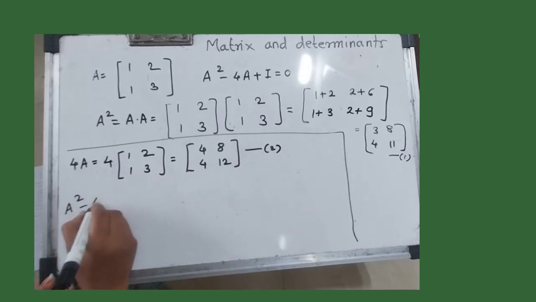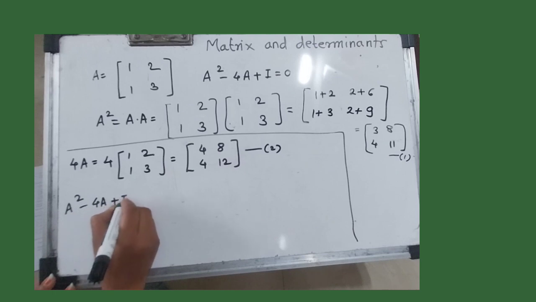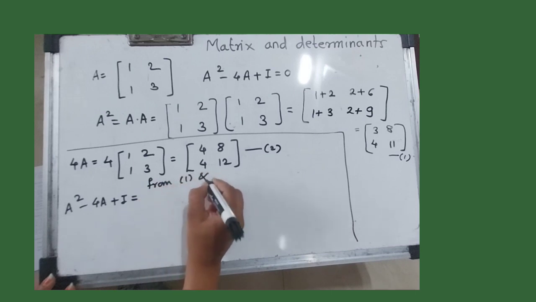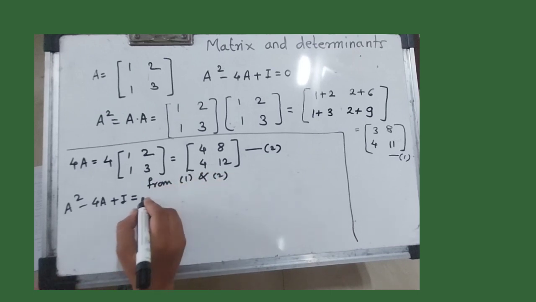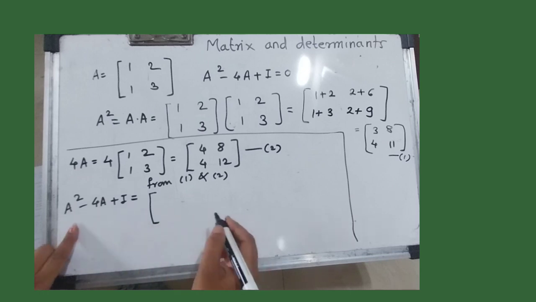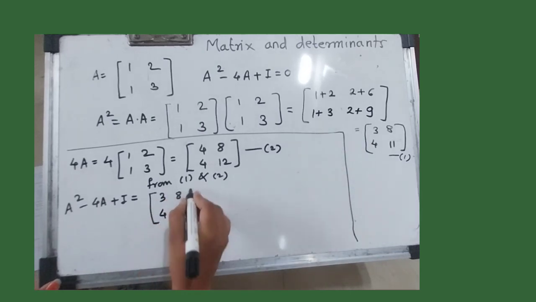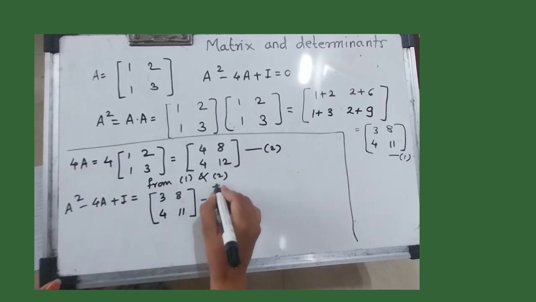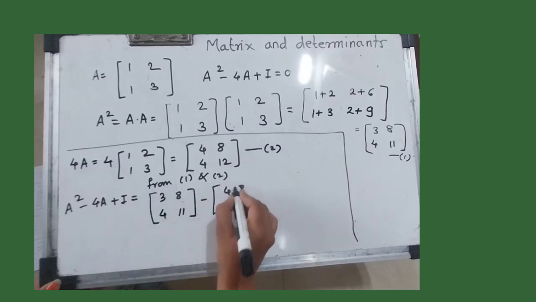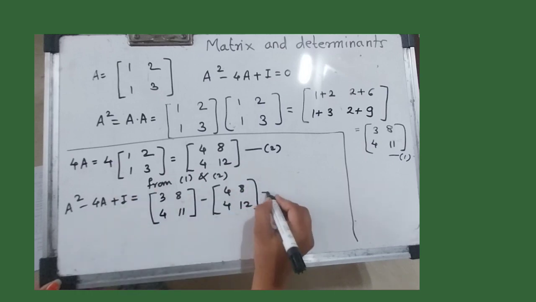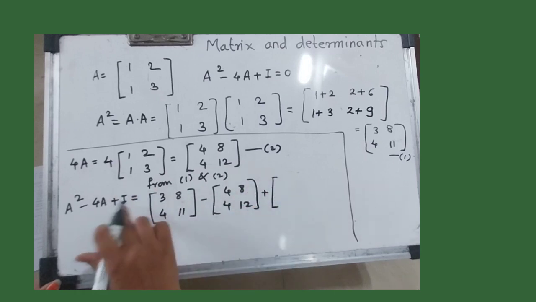A square minus 4A plus I equal to, from equations 1 and 2. Write down A square, which is [3, 8, 4, 11], minus 4A, which is [4, 8, 4, 12], plus I. See how to choose the I. I is the identity matrix here.